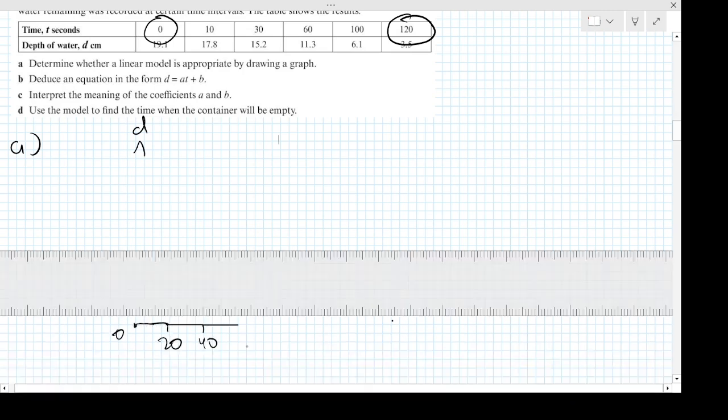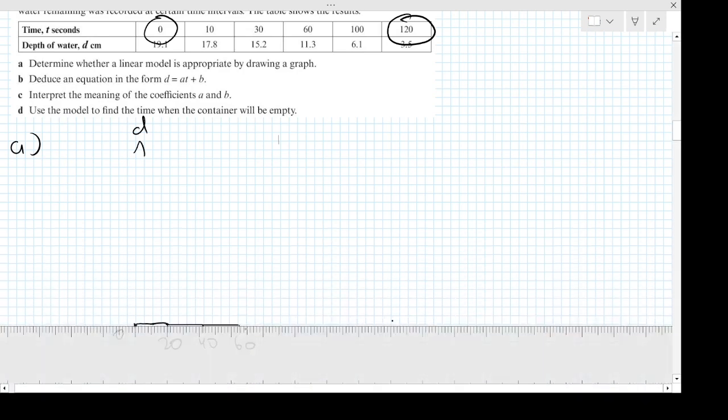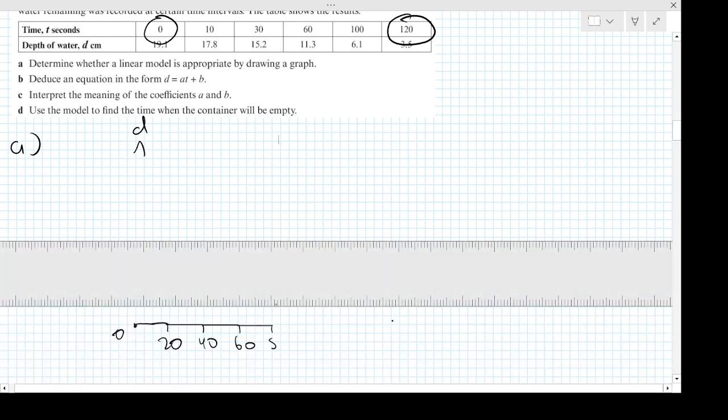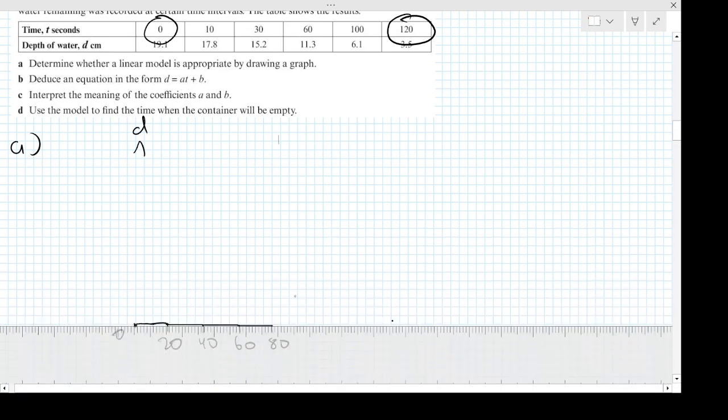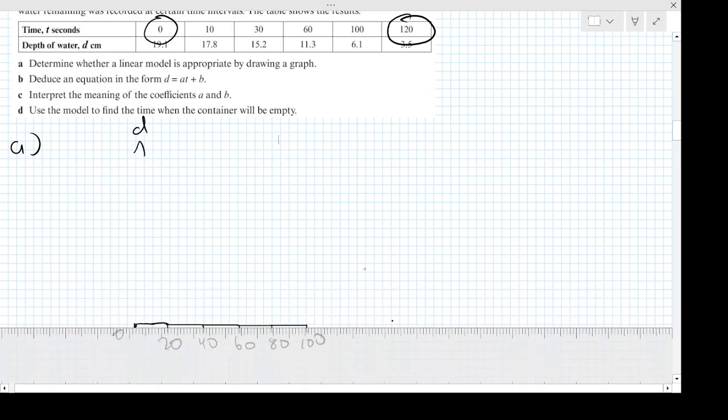Another 2 boxes would give us 60. Then we go up to 80. There we are. Then we can go to 100. Two more boxes would be 90, then 2 more would be 100. Then we go to 110.